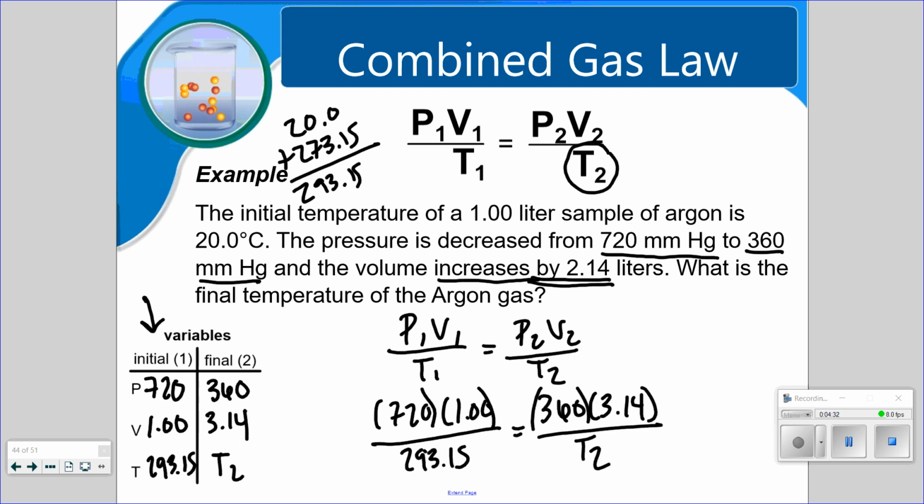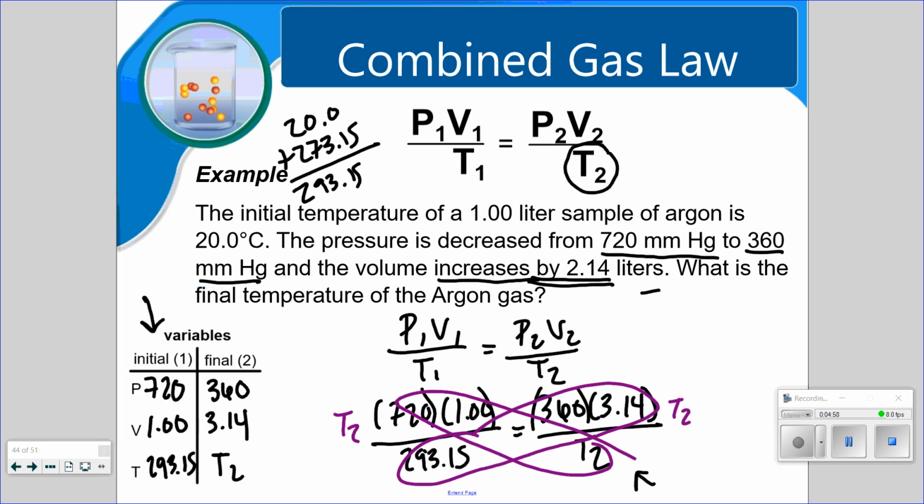And now I'm going to solve for T2, which is down here at the bottom. Use the same mathematical method as we've used before. You're still going to cross multiply. I'll cross multiply this, and you're going to set it equal to this. If you do it in multiple steps, you multiply both sides by T2, and then multiply both sides by 293.15 and solve.